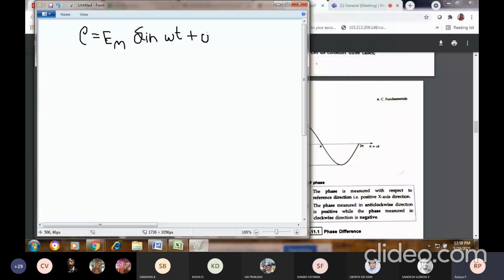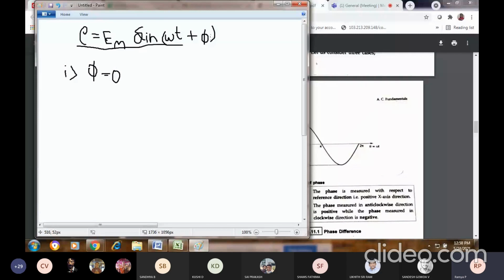Now I will consider initially my first case. I am going to consider phi is equal to 0 degrees. If I consider phi equal to 0 degrees, what is my equation? The final equation, e will be equal to Em sin omega t, because this phi is 0.